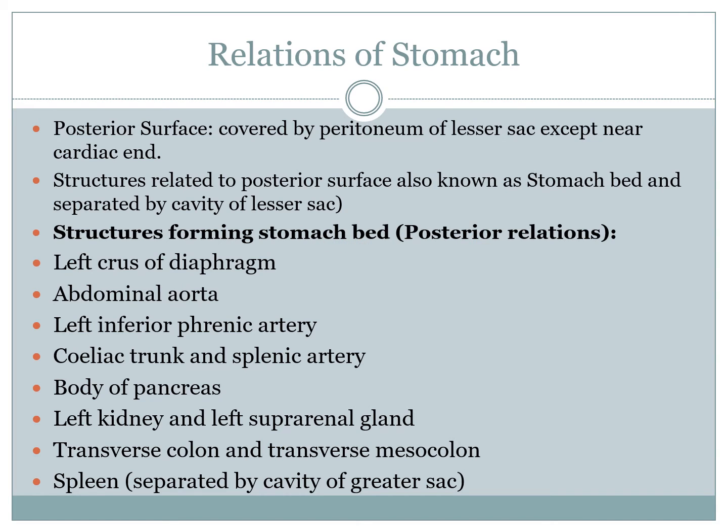First there is the left crus of the diaphragm, abdominal aorta, left inferior phrenic artery, celiac trunk, splenic artery, body of the pancreas, left kidney, left suprarenal gland, transverse colon, transverse mesocolon, and spleen, separated by the cavity of the greater sac. So this area is called the stomach bed.